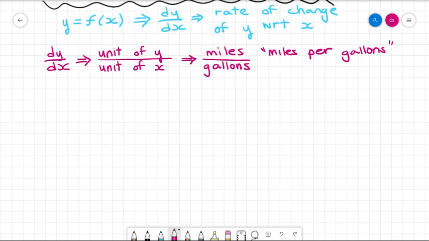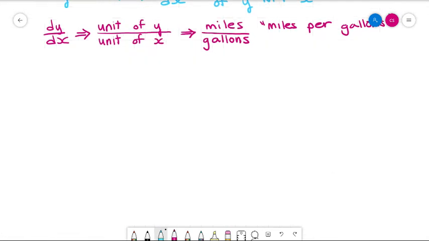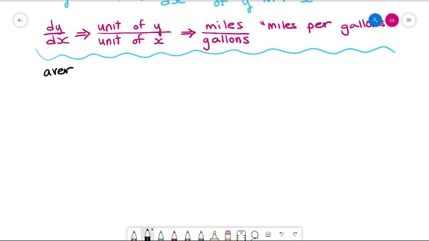Let's do a nice review for ourselves again. The average rate of change, we're not talking instantaneous velocity, we're talking about the average rate of change. Going all the way back to the beginning of our semester, we were looking at the change in distance over the change of time.